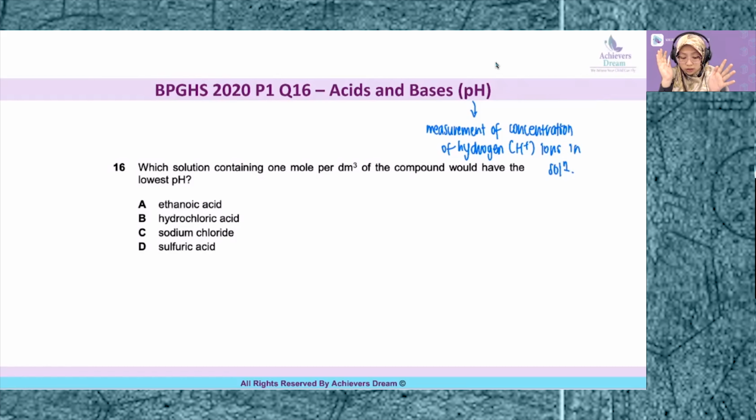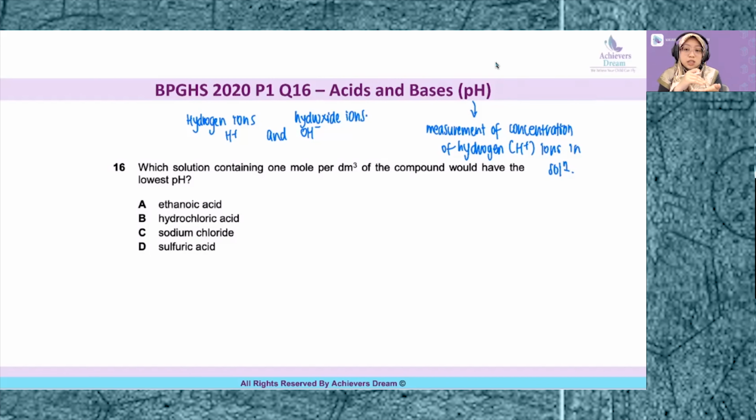No matter if a solution is acidic or alkaline, in both solutions there will always be hydrogen ions, your H plus ions, and OH minus ions, your hydroxide ions. Both ions will be present. What is the difference between an acidic solution and an alkaline solution is which of these two ions is higher in concentration.